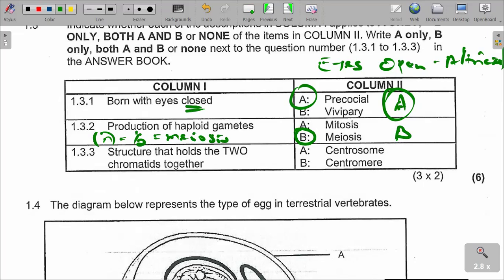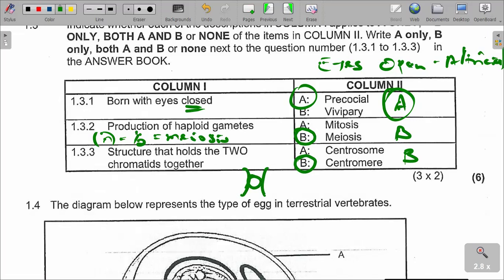And then the structure that holds the two chromatids together. The two chromatids are held together by the centromere. I said that we have a chromatid, then that piece, and then another chromatid.